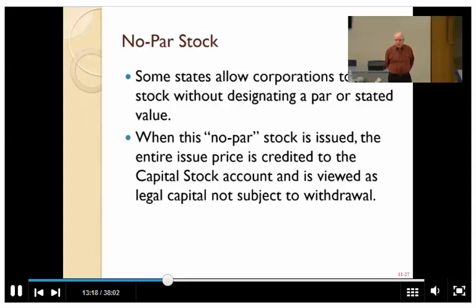So again, the reason for the par value is to ensure that creators of corporations put in some minimal amount of capital. With no par stock, the whole thing is assumed to be legal capital and cannot be withdrawn.